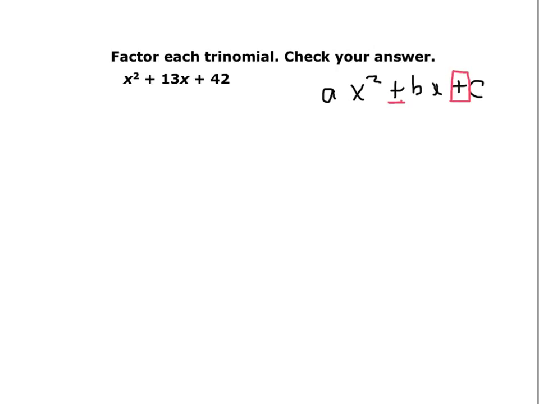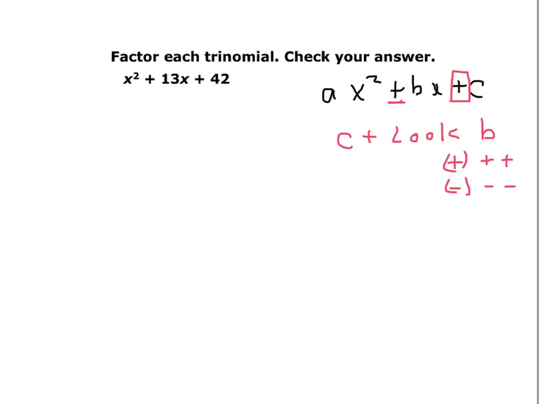So when my constant is positive, you want to look to the sign of the b value. If the b value is positive, then both my signs are going to be positive, positive and positive. When my b value is negative, both of my signs will be negative, negative.